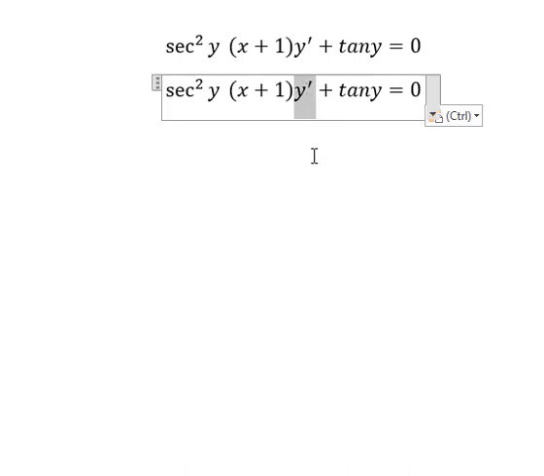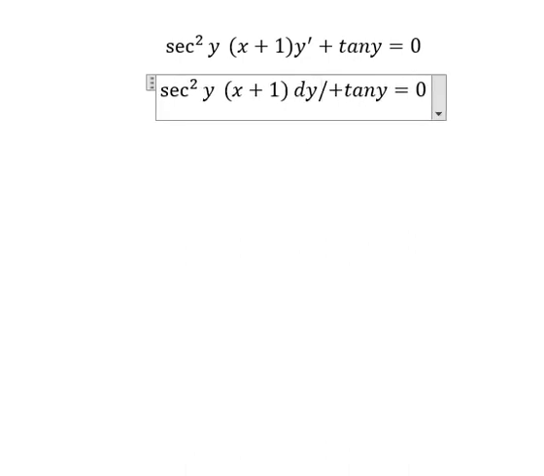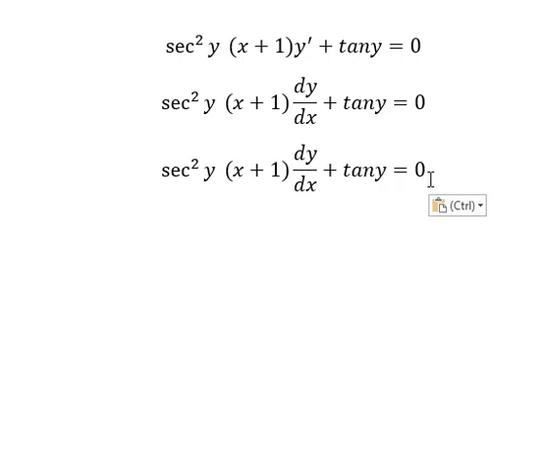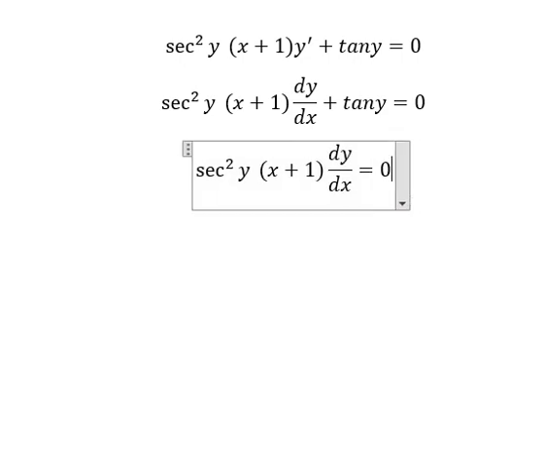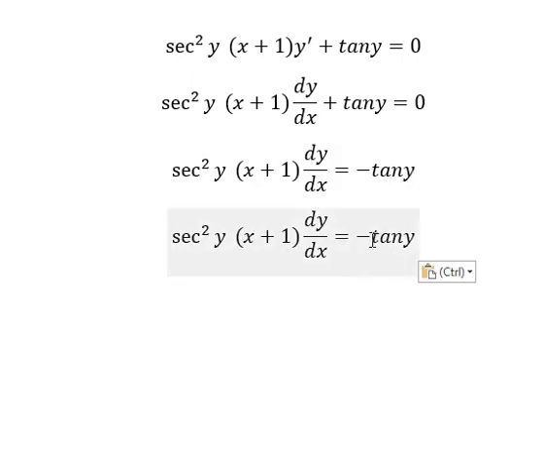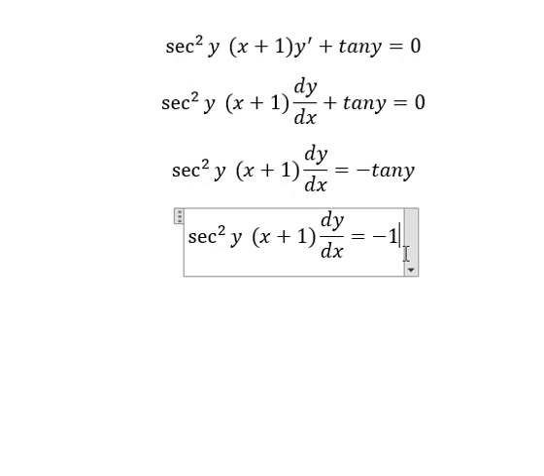This one we change for dy over dx. Next I will put this one go to the right. So we divide both sides by tan y and x plus 1.